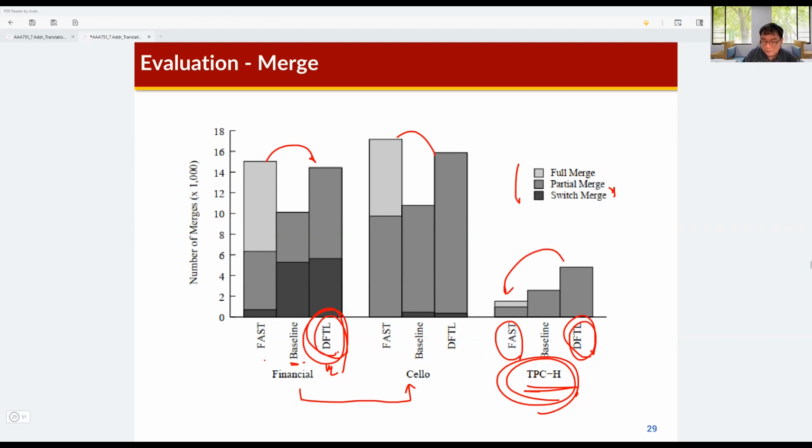But as you can see, the number of merges by FAST is also lower than the number of merges by the baseline configuration. So that means for sequential requests, the hybrid FTL can be better than baseline. But you just consider the number of merges, okay?